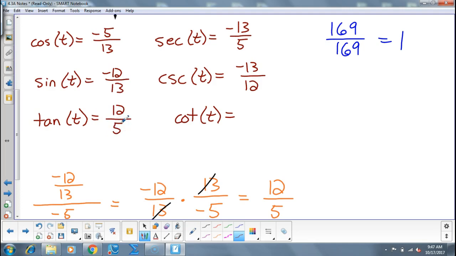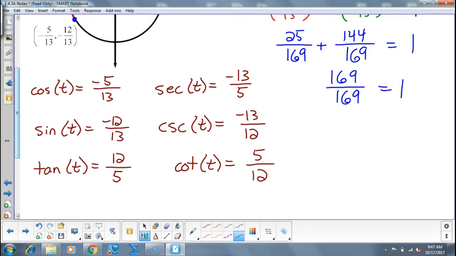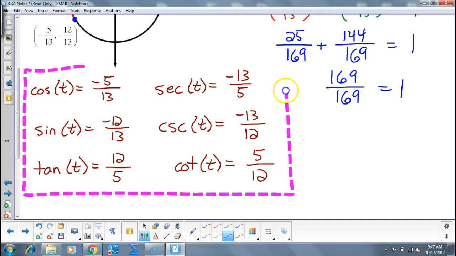What's the cotangent then? 5/12. And there are your 6 trig identities that go along with that particular point.